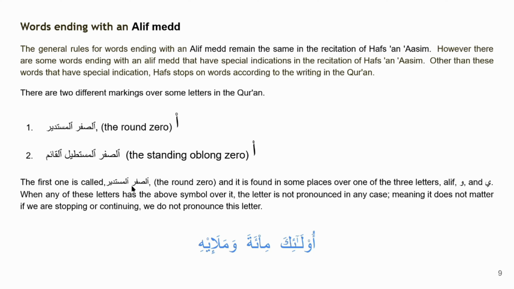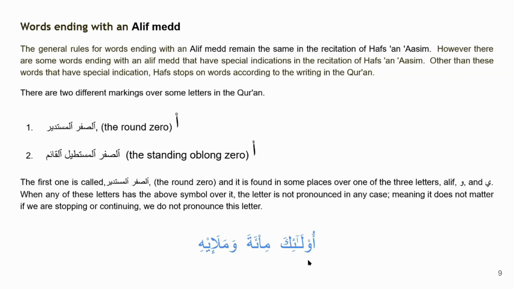So sifr al-mustadir, the round zero, can be found in different places in the Quran, and it can appear on waw or ya or alif. And when any of these letters have this symbol of sifr mustadir, the letter is not pronounced in any case, whether you stop or continue your recitation.